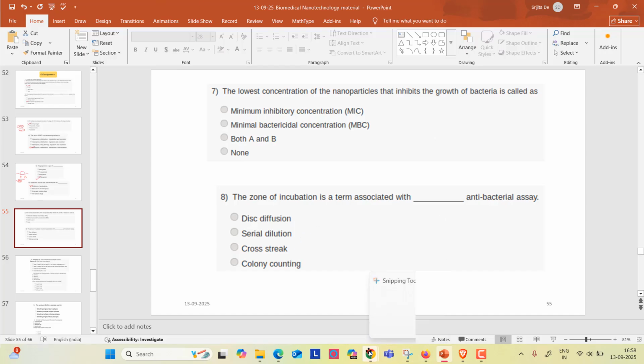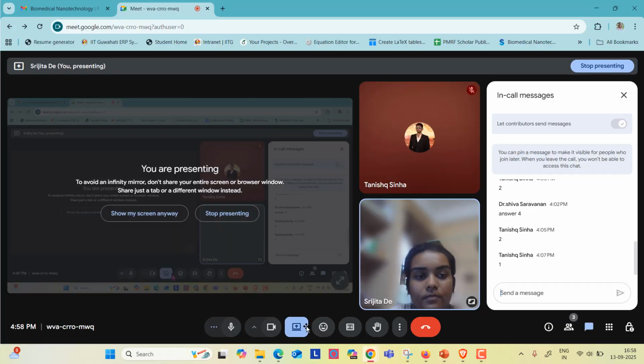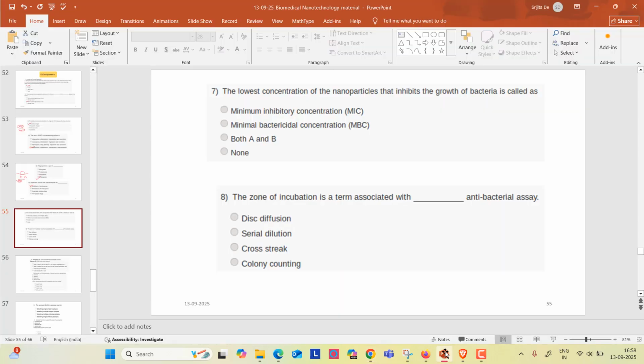Can you answer? The lowest concentration of the nanoparticles that inhibits the growth of bacteria is called the minimum inhibitory concentration. The zone of inhibition is a term associated with what?